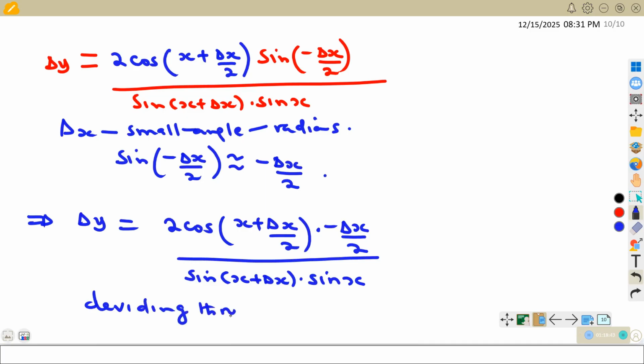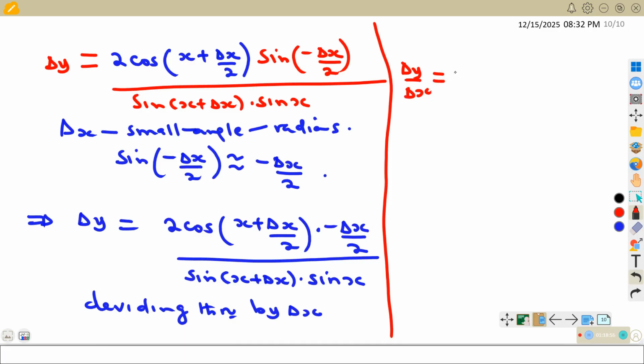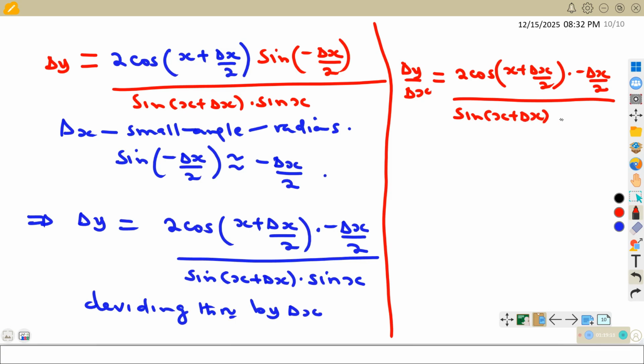Dividing through by delta x, we shall have delta y upon delta x equal to 2 cos of (x plus delta x) divided by 2 times negative delta x over 2, over sine of (x plus delta x) times sine of x.